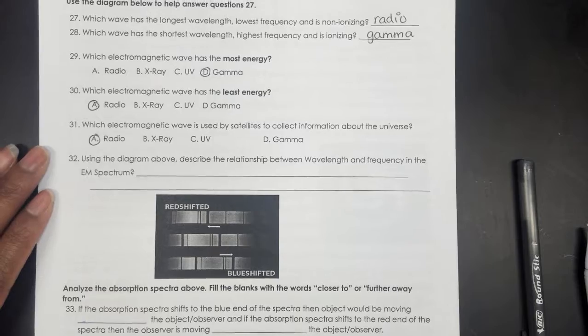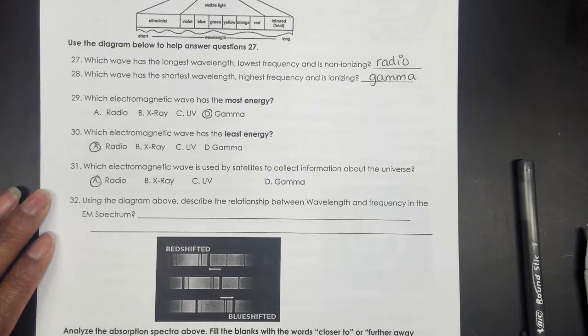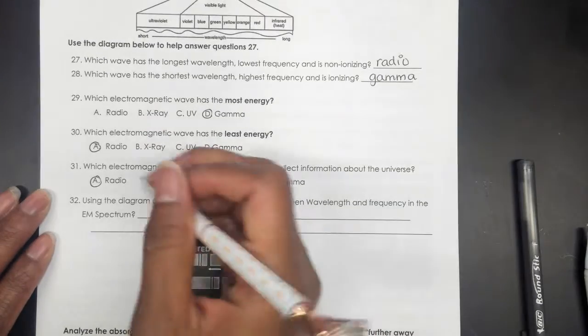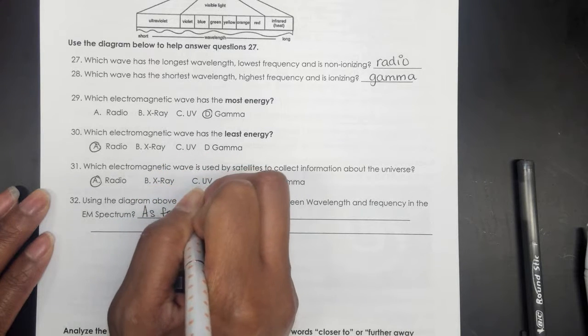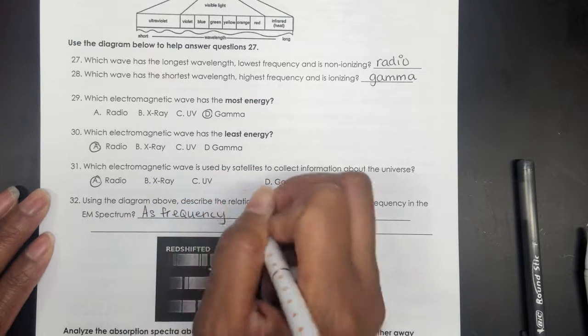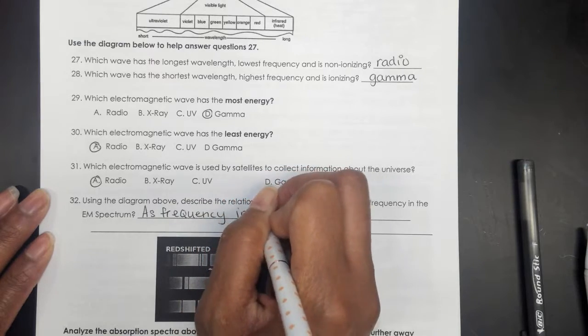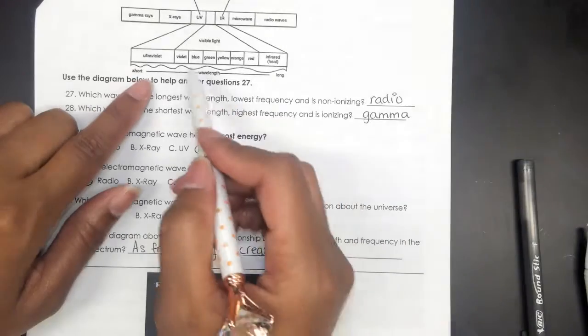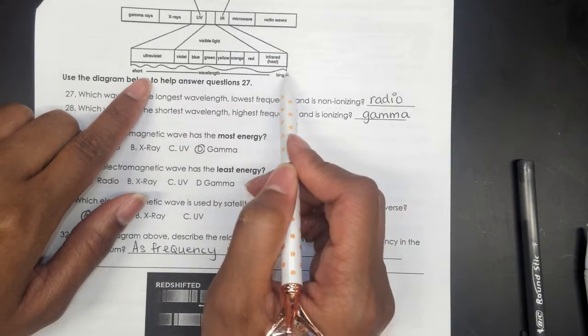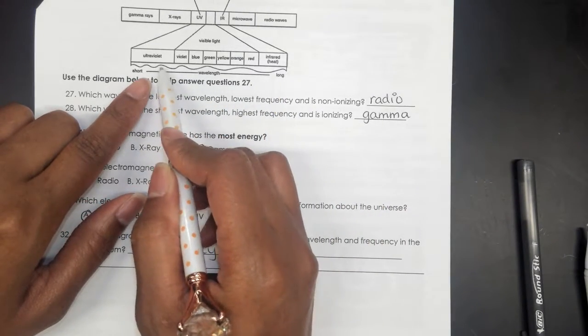Using the diagram above, describe the relationship between wavelength and frequency. As frequency increases, what happens to wavelength? It decreases. Because if you look right here, energy is increasing from here to here. This isn't a really good picture.